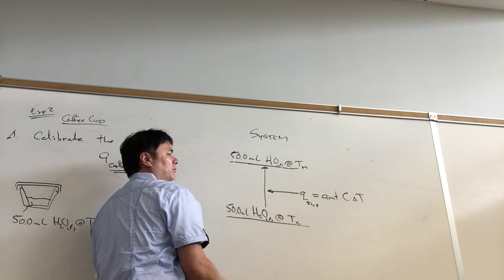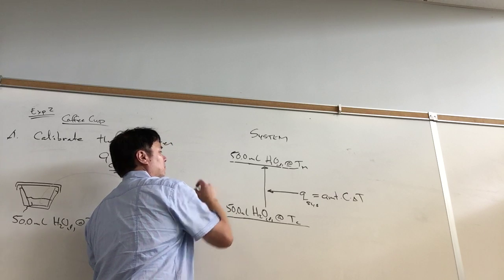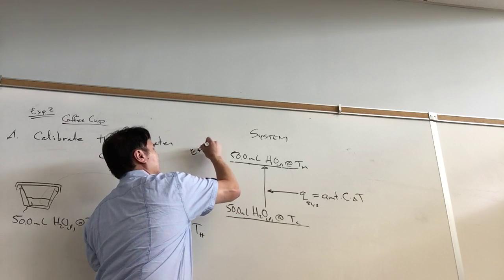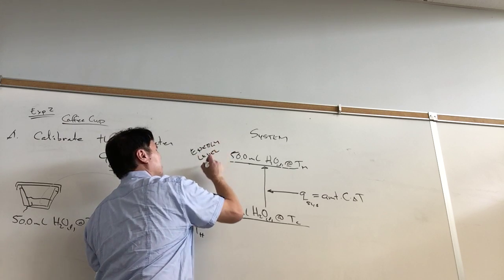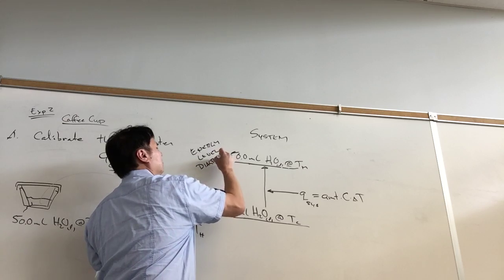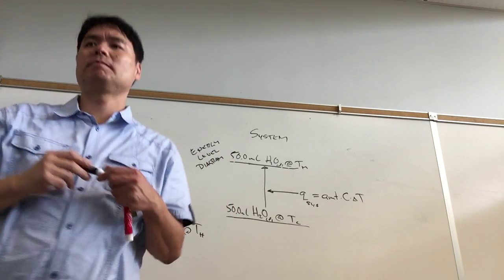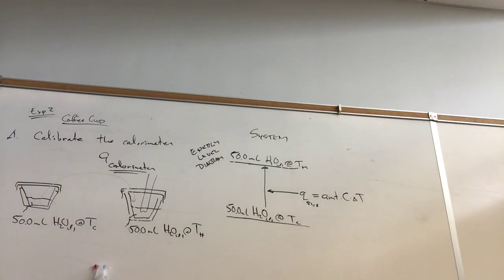Where did that heat come from? If this is our system, where did the heat come from? This is our energy level diagram. The heat came from the surroundings. And so what are the surroundings in this case?